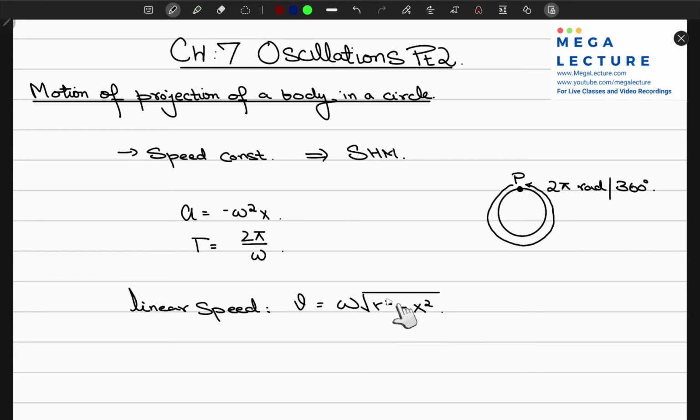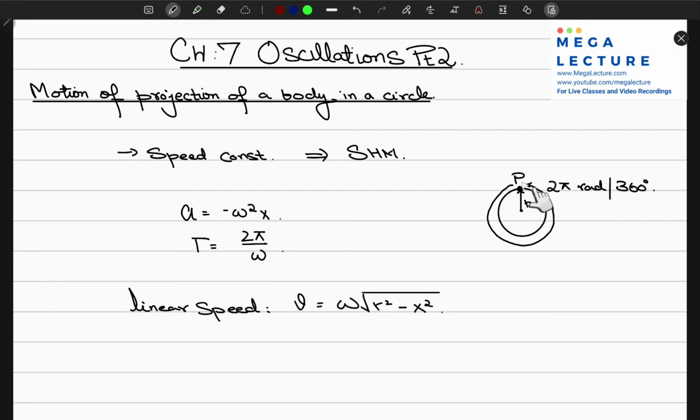Now, r is just the radius from the center of the circle to this point P on the circumference, and x is any linear displacement.